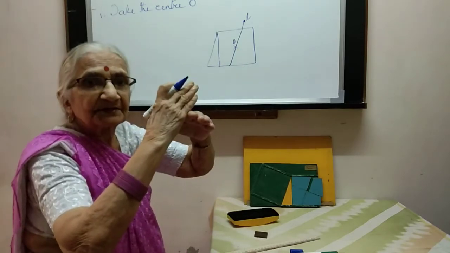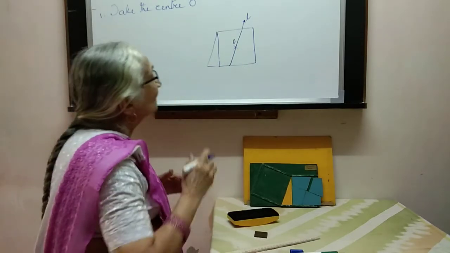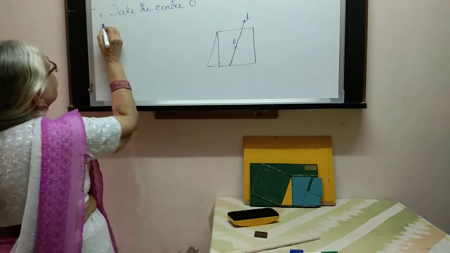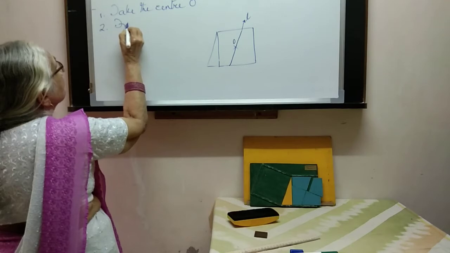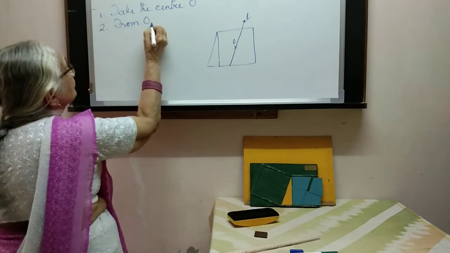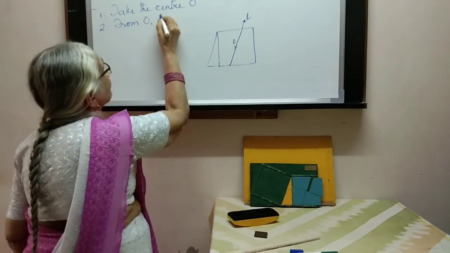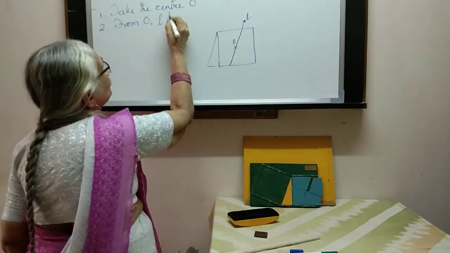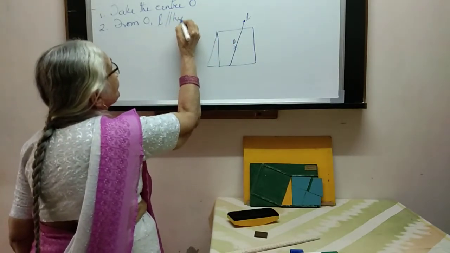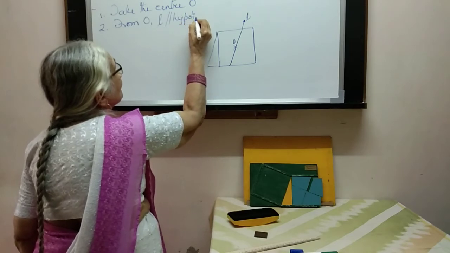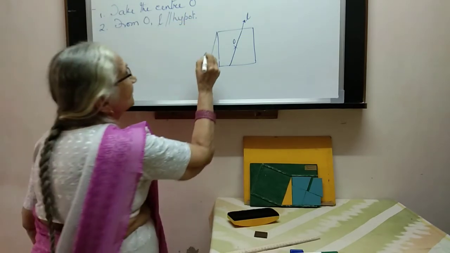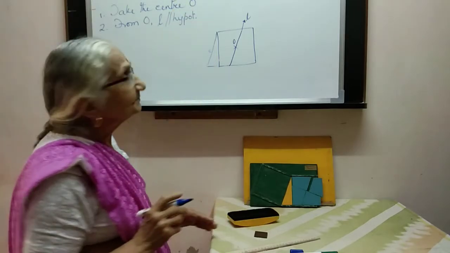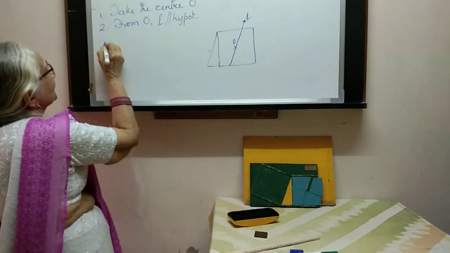You take the point of intersection of the two diagonals. Then from O, you draw a line L. What kind of a line? Which is parallel to the hypotenuse, whose length was C. This was the hypotenuse with length C. We take the line parallel to it. And now the third step is very obvious.